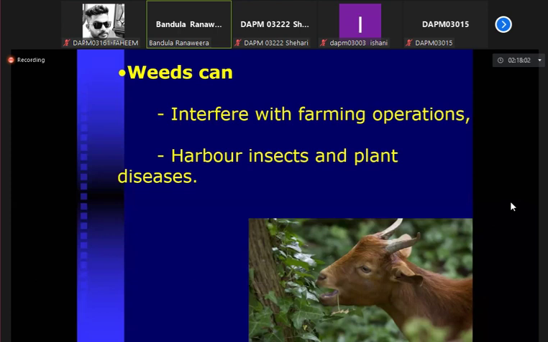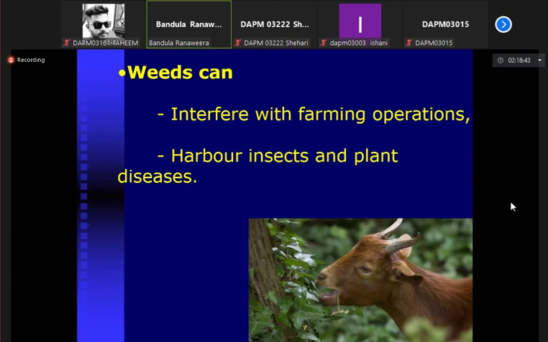Then when weed plants grow on our field, we have to go for frequent cover crop slashing or use some other mechanical methods to destroy weeds, or else we have to apply agrochemicals like weedicide.